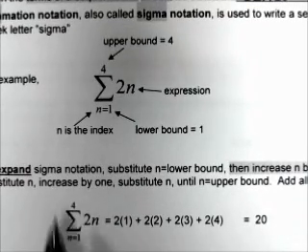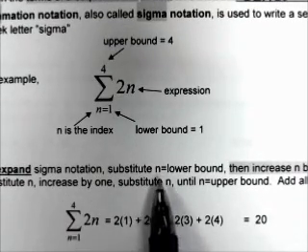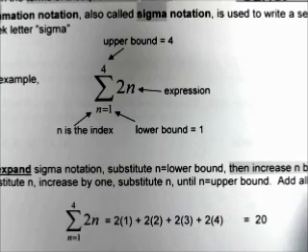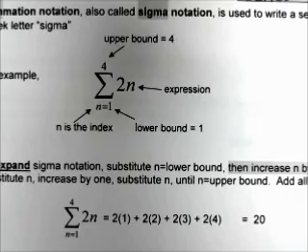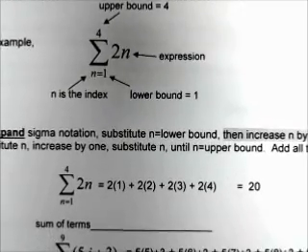To expand sigma notation, substitute n equal to the lower bound, then increase by 1, substitute n, increase by 1, substitute n, until n is equal to the upper bound, and add all of these terms up.